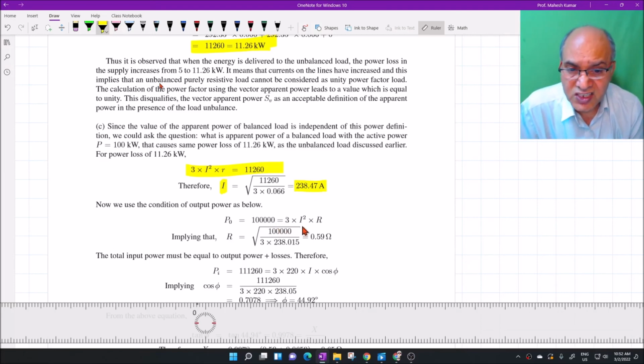What will be the resistance of load? The resistance of load is computed using the output power P0. So P0 is 100 kilowatt and from this R can be found. So R comes out to be 0.59 ohms.